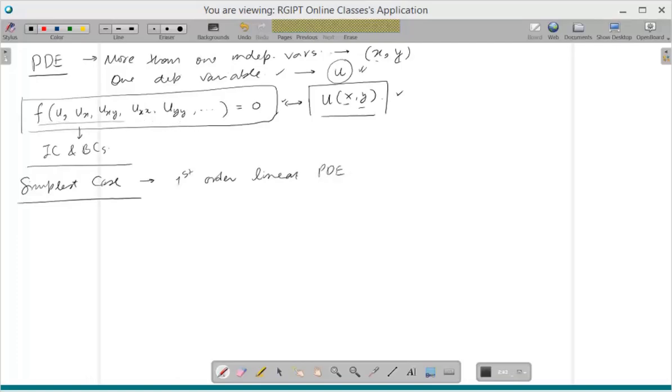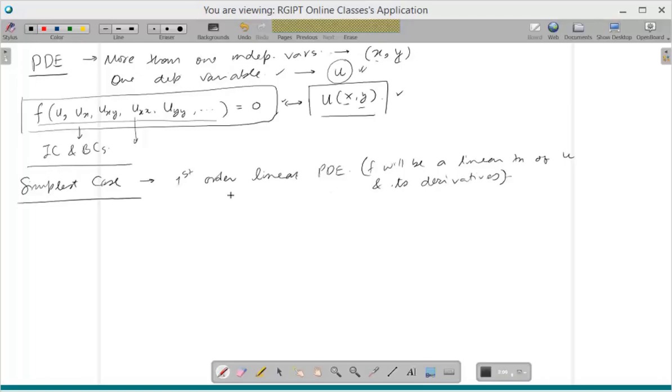Linear would mean that this function that I have up here will be a linear function of u and its derivatives.